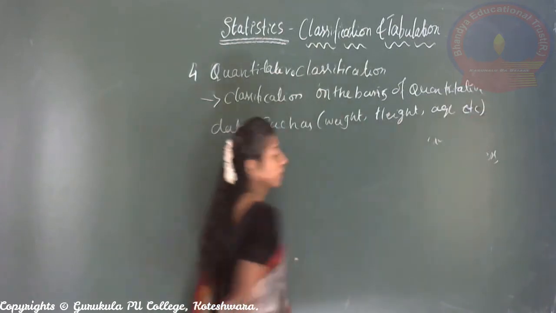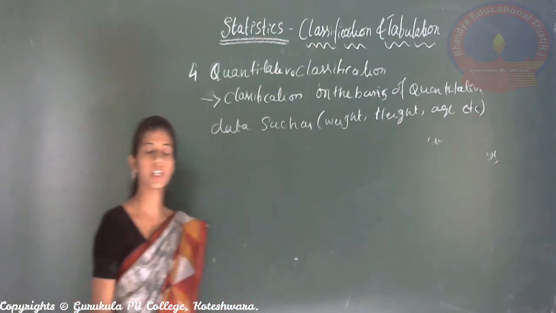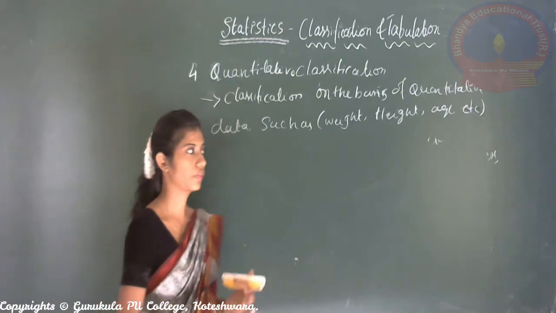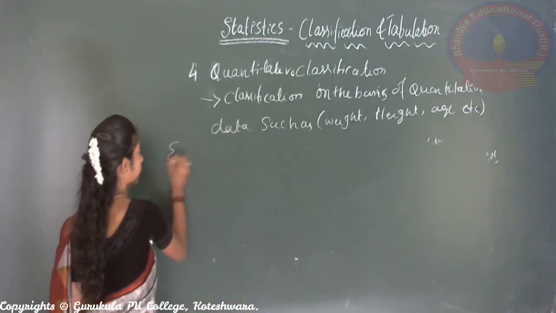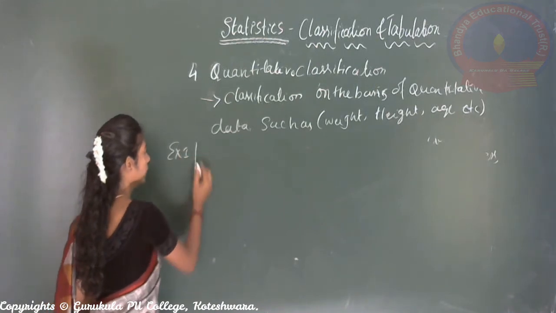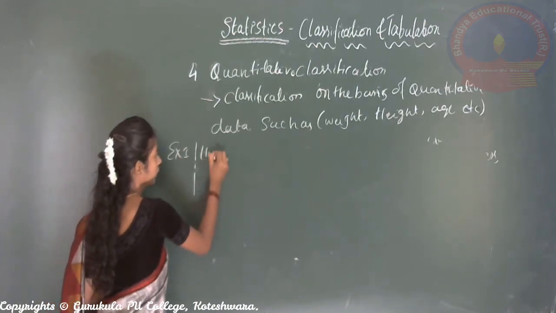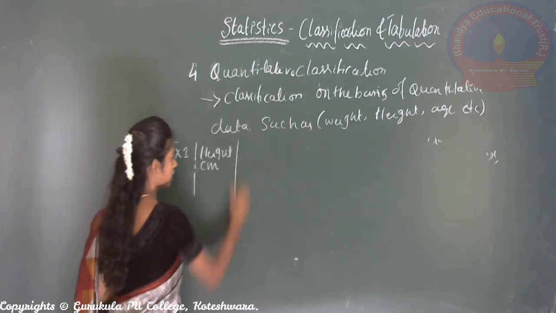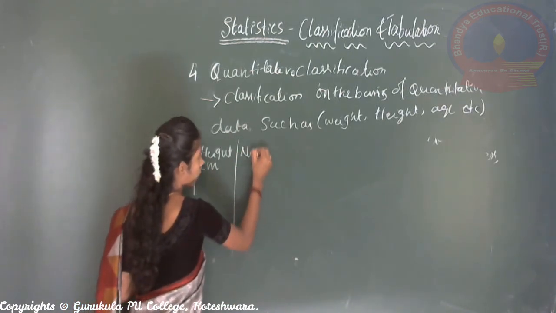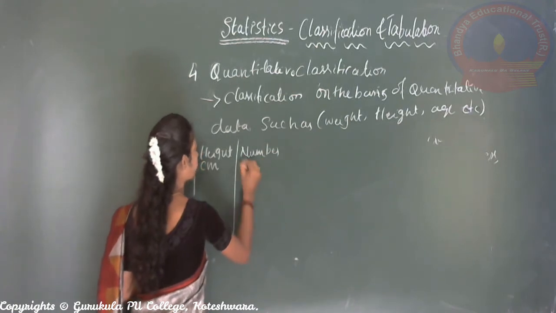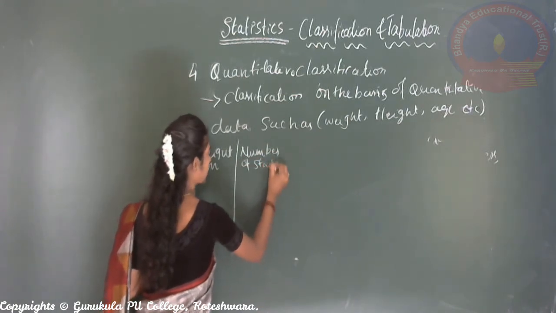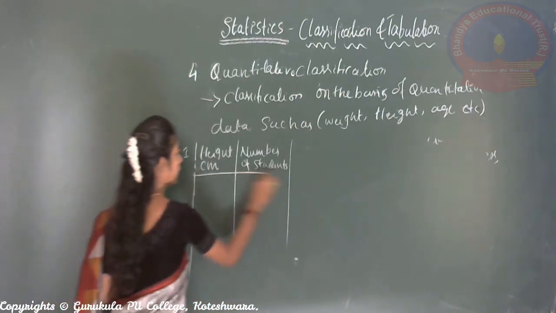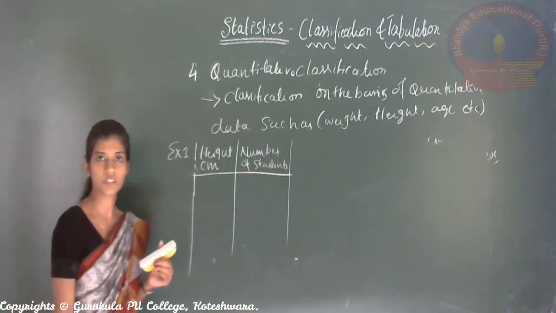So, a simple example, height or weight. I will give you two examples. Example 1: height of students in terms of centimeters and number of students. Here height you can easily tell in terms of numbers.